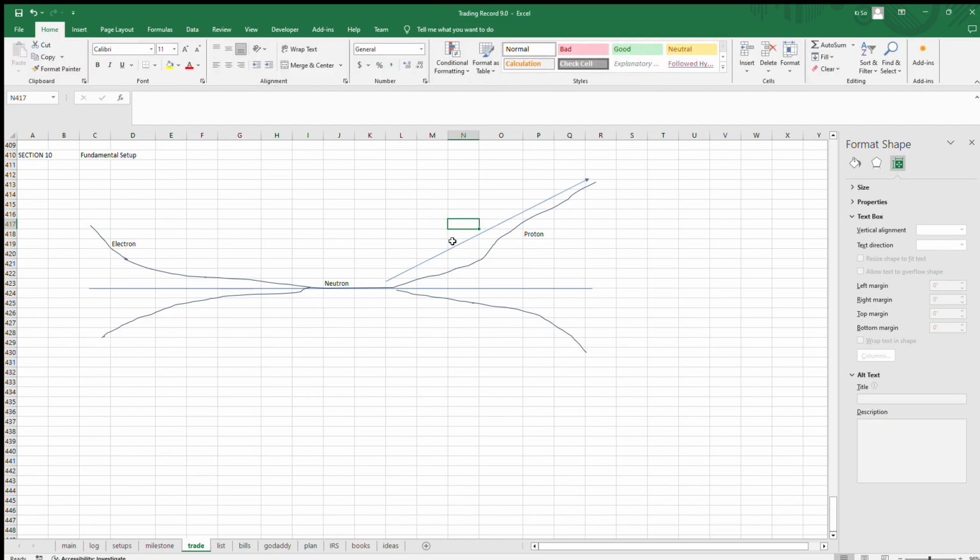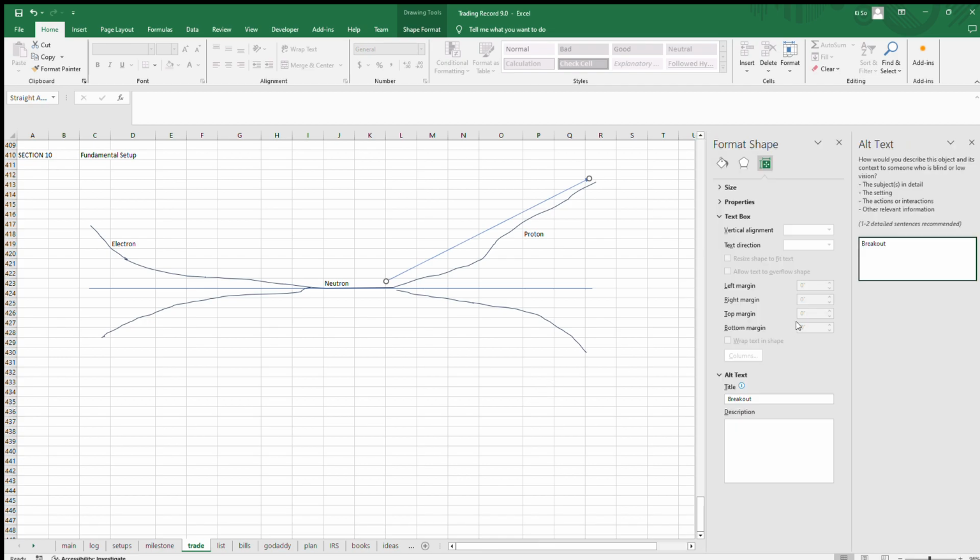Okay, anyway. I wonder if I can insert that. Yeah, right there. Breakout.